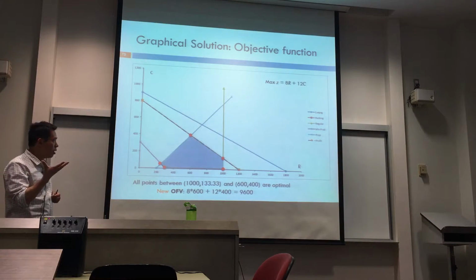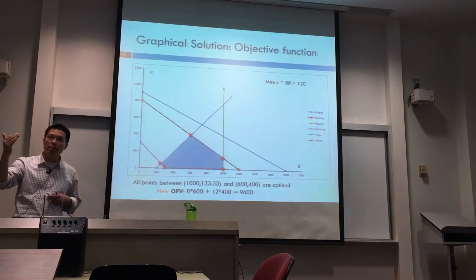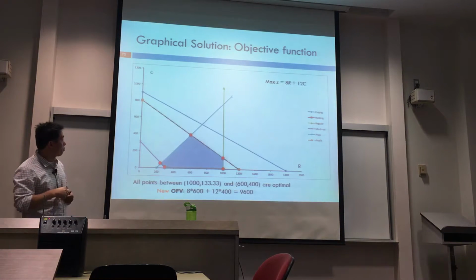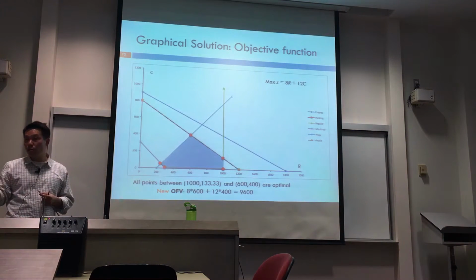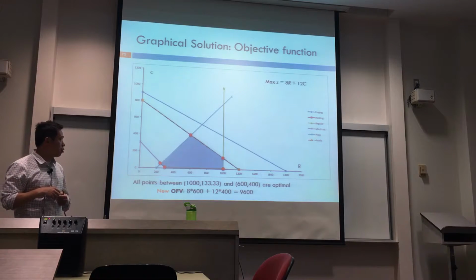So again, you can tell that you can change the value up to a limit. Beyond that, maybe the optimal solution is going to change. Maybe the objective function value is going to change, right?